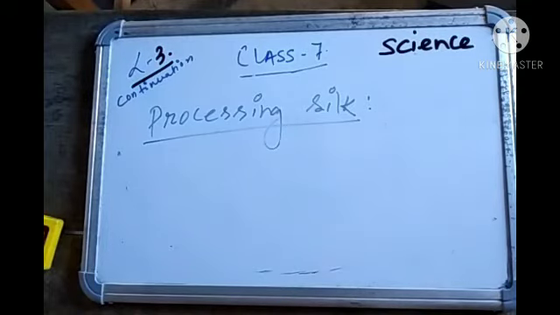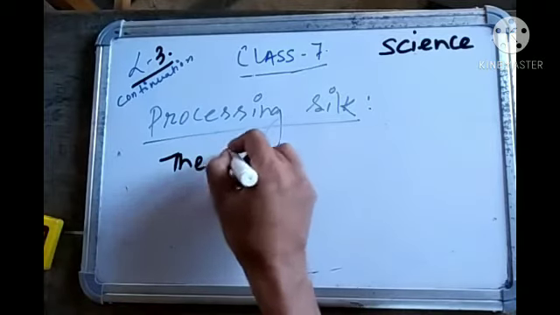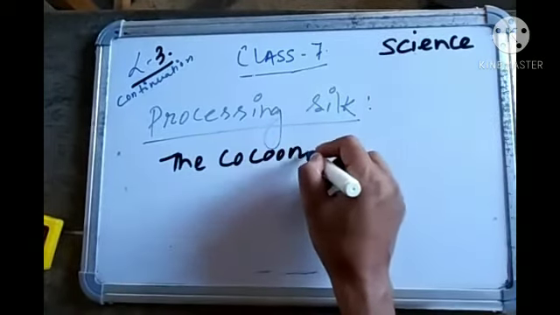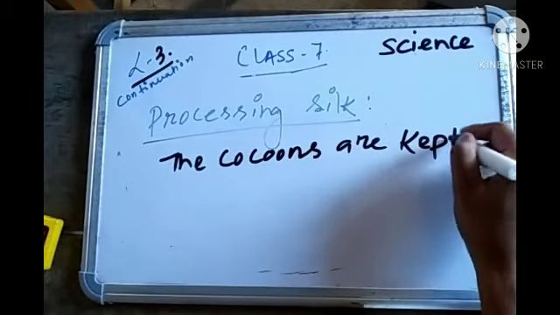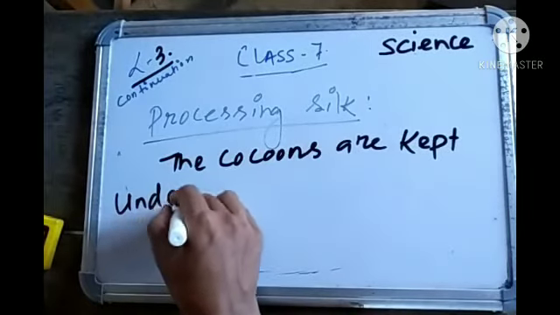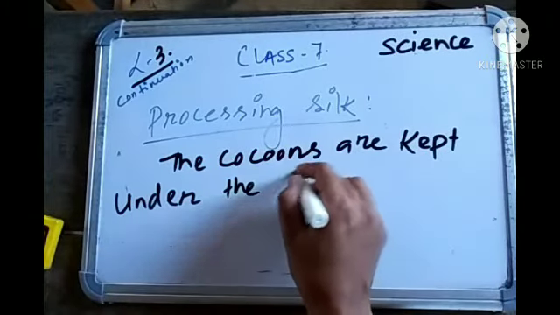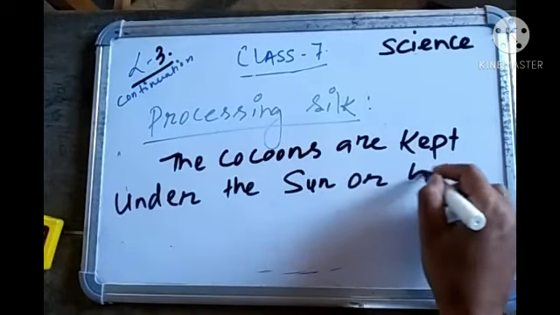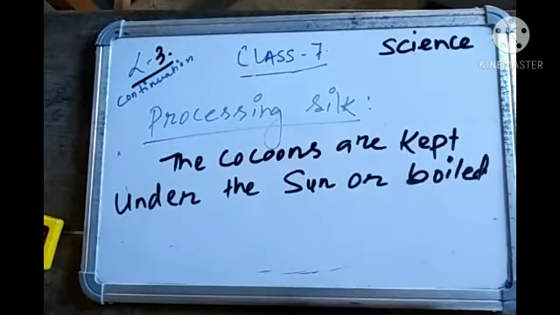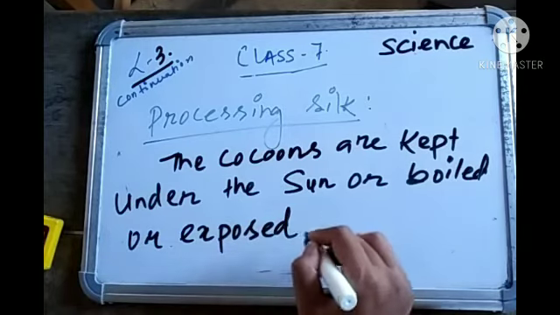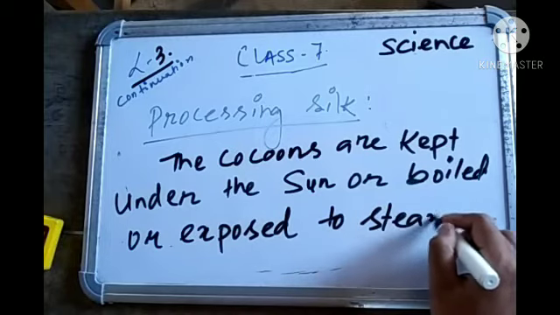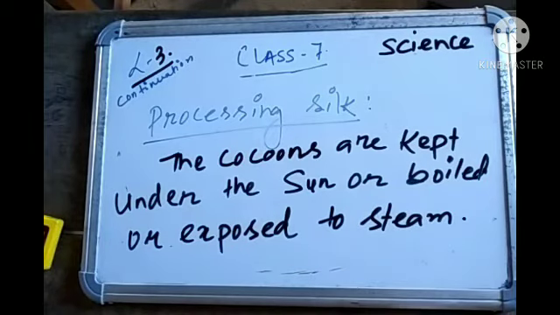The cocoons are kept under the sun, or boiled, or exposed to steam. So after getting the cocoons, a pile of cocoons is collected and the cocoons are kept under the sun or boiled or exposed to steam.